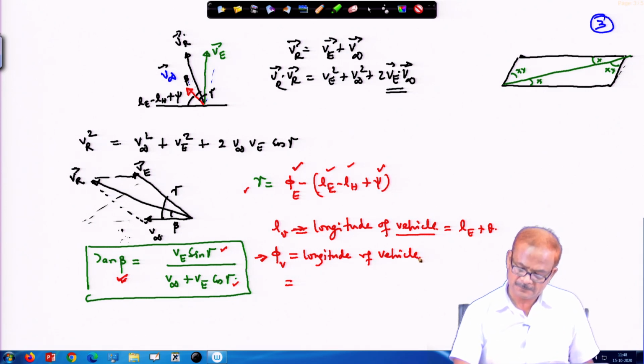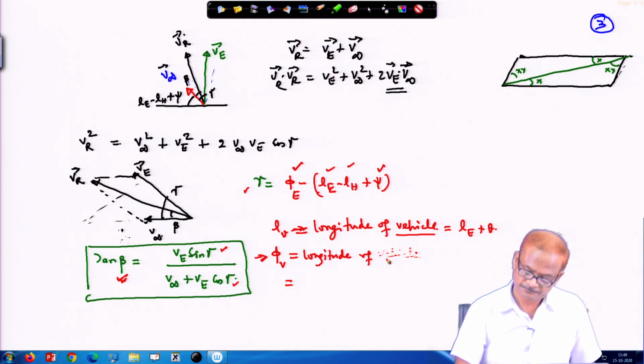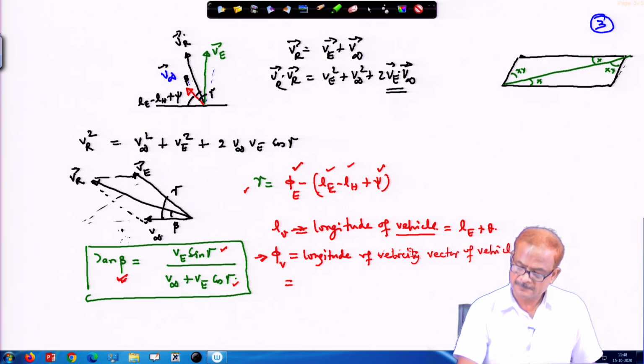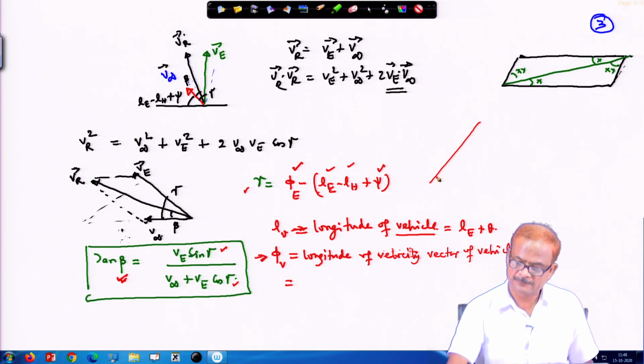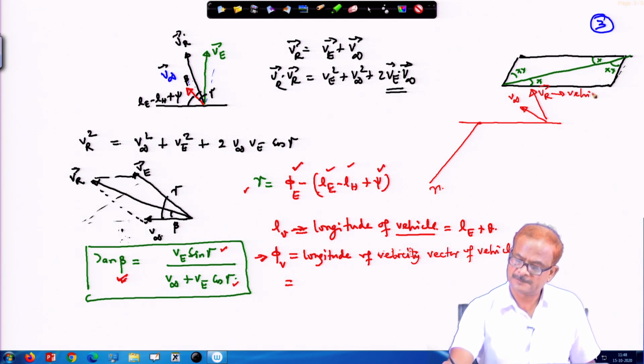Longitude of velocity vector of vehicle. That means we are measuring this from the vernal equinox. This is gamma, okay. This is the horizontal line, and the vehicle velocity, say this is your V infinity and this is V r. So, V r is your vehicle velocity.